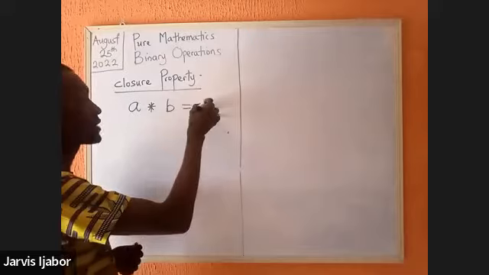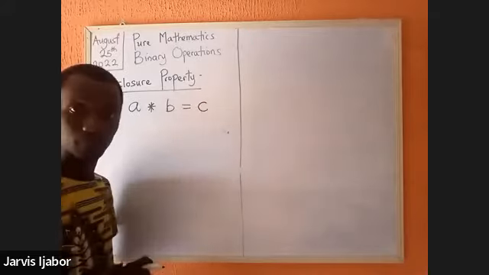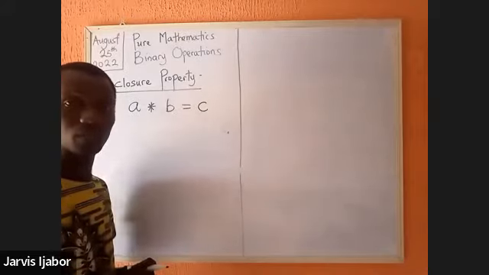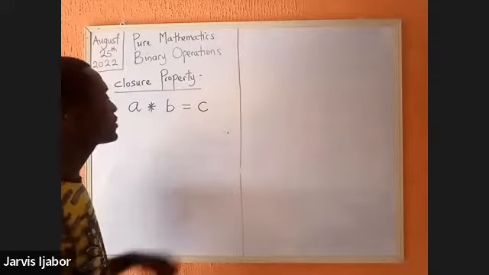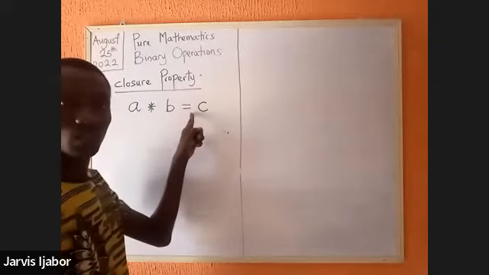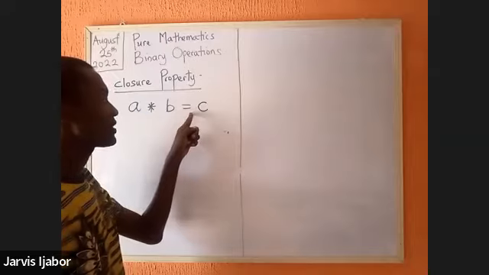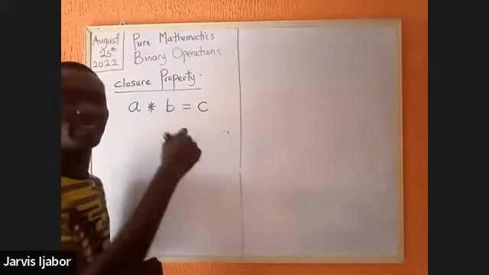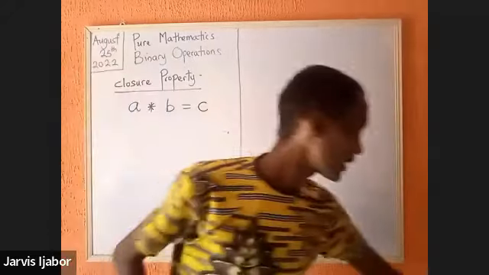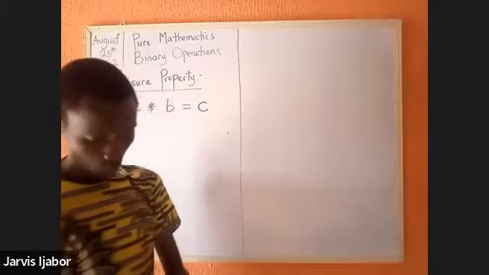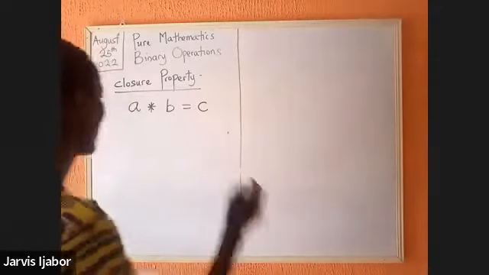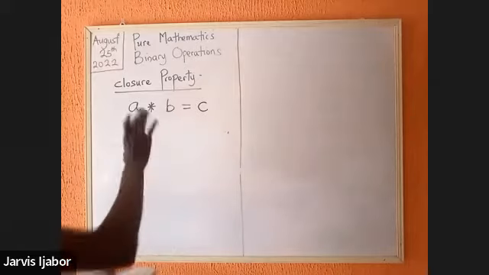Now, I obtain an element C. If this element C is a part of the set I had defined earlier, we say that there is closure property.